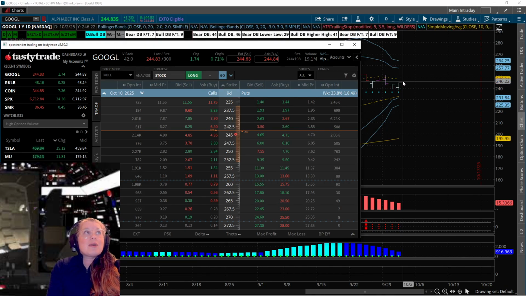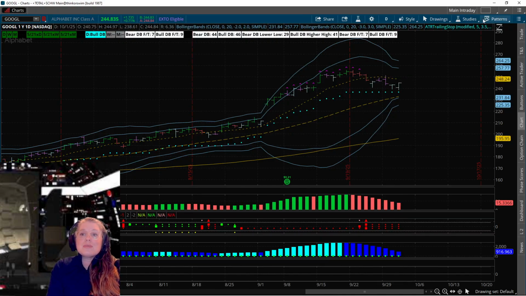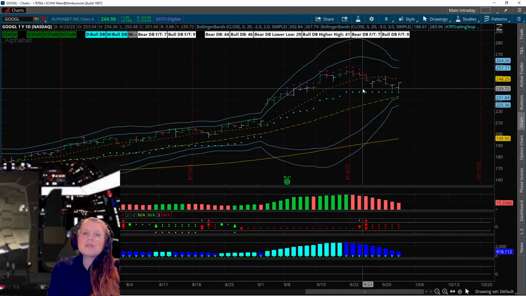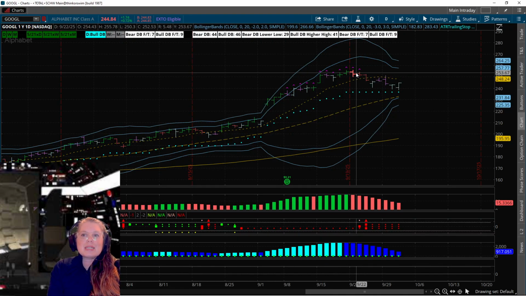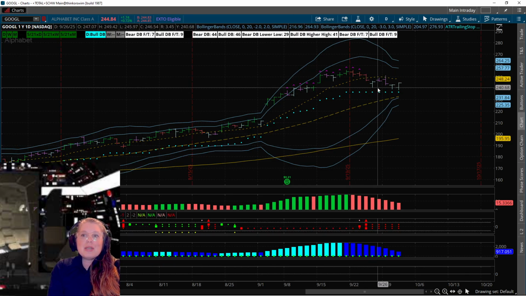And right now, today, this is what the Google chart looks like. So, of course, Google's a beast. It's been in this nice bullish run recently, finally getting a bit of pullback into support. We're getting a good reset on momentum.